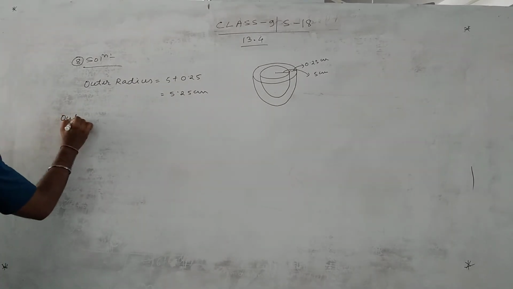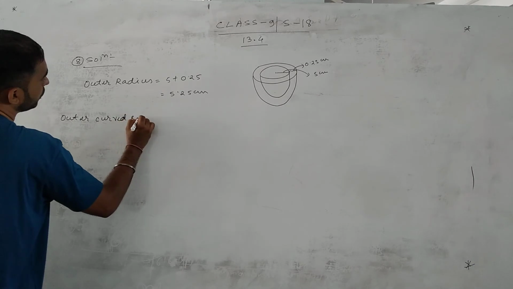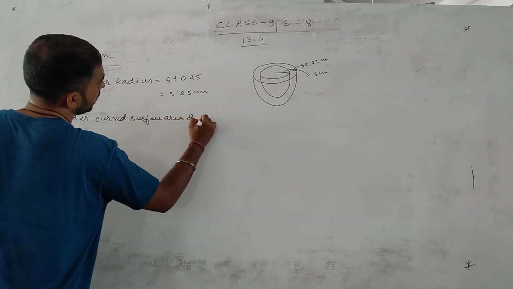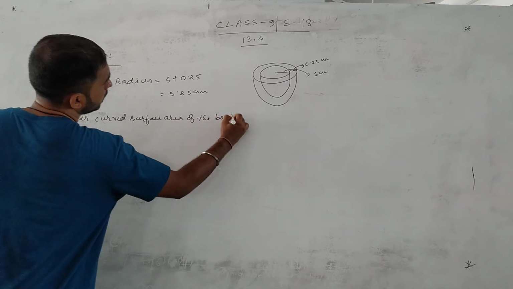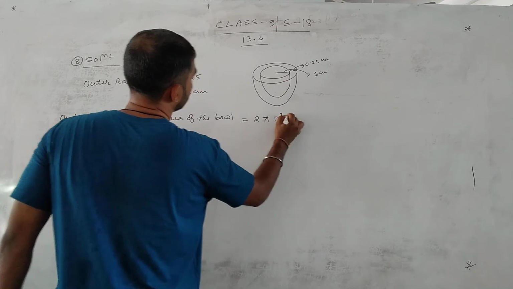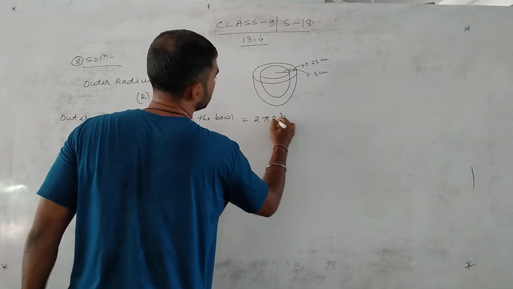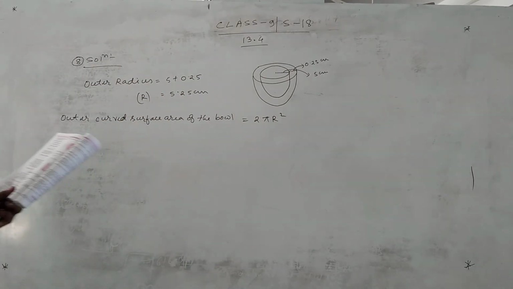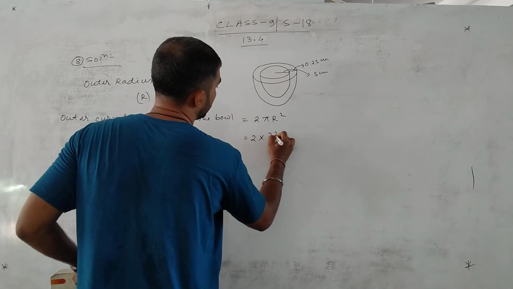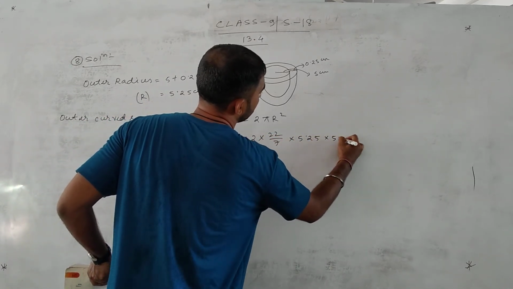So the outer curved surface area of the bowl equals 2 pi r square. This is capital R because it is greater than the inner. So 2 pi, with pi as 22 by 7, and R equal to 5.25.